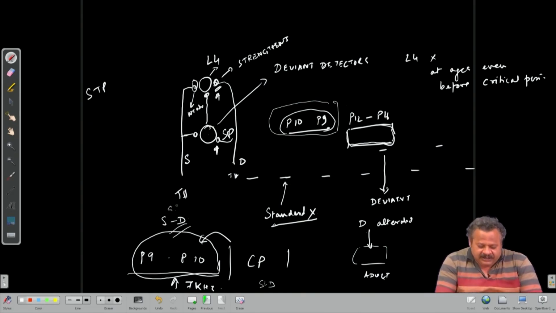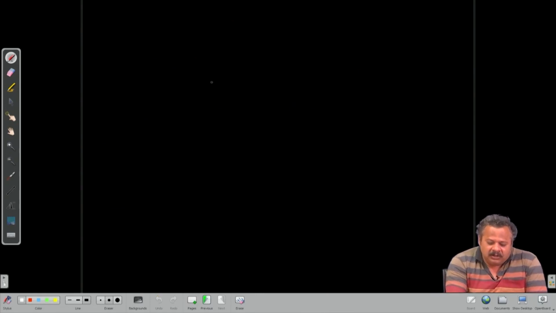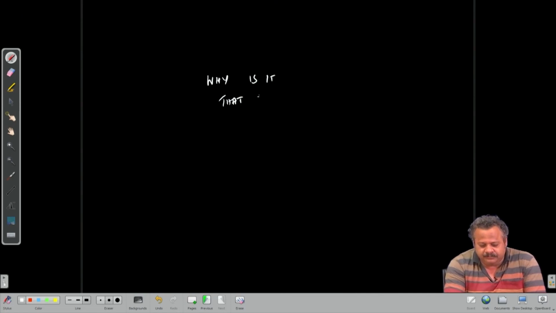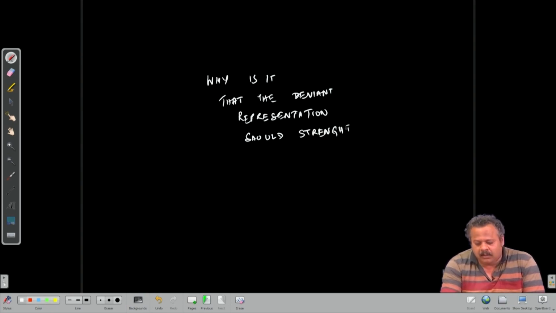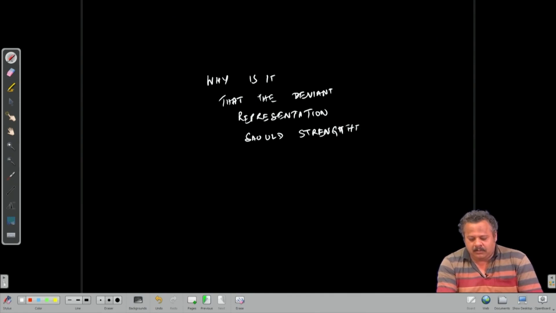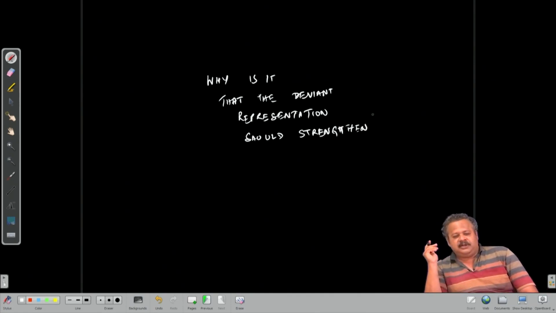So coming to the theoretical aspect of this whole idea, what was addressed is why is it that the deviant representation should increase? Why is it that this deviant representation should strengthen?